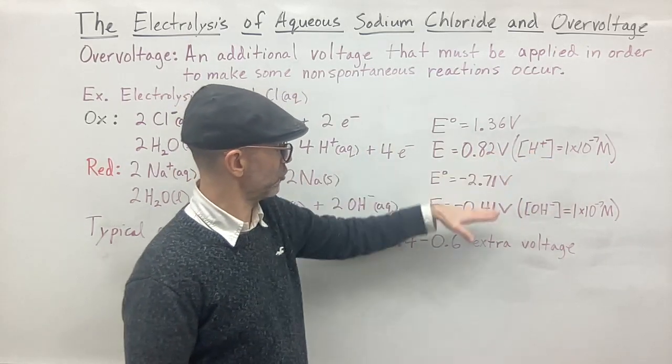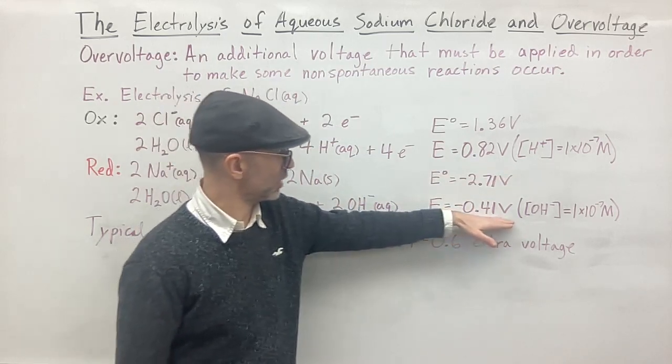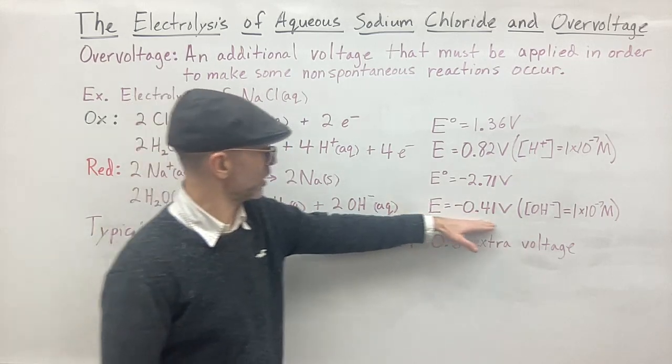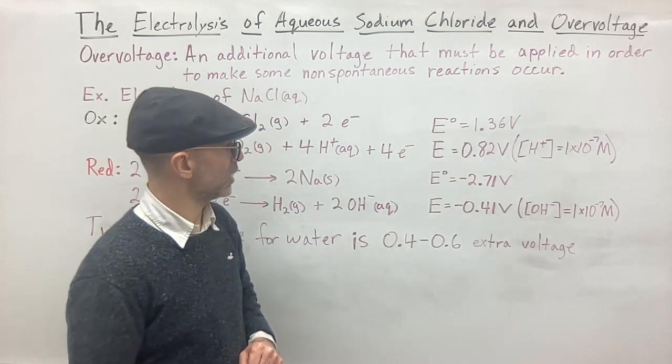Under these conditions, the non-standard electrode potential is negative 0.41 volts for the reduction and 0.82 volts for the oxidation.